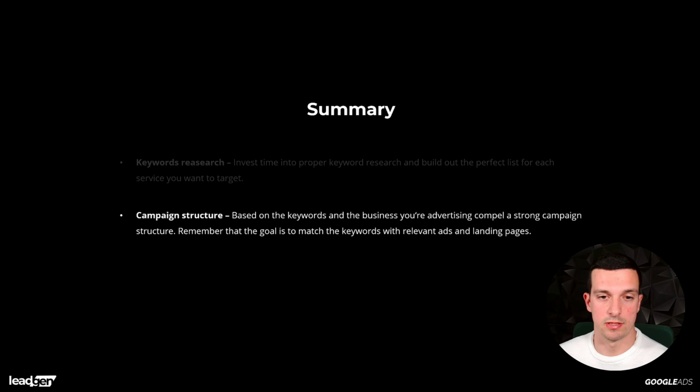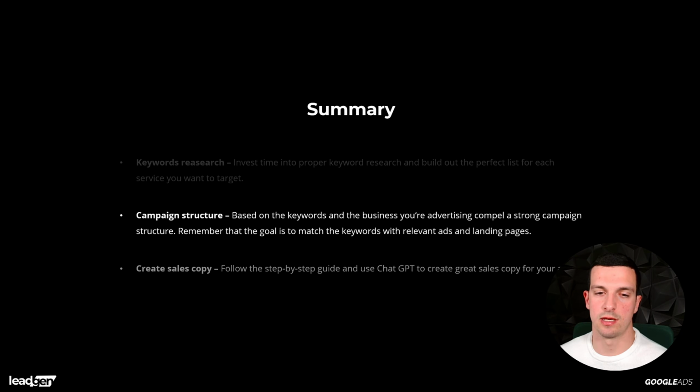Compile a strong campaign structure. Remember that the goal is to match the keywords with relevant ads and landing pages. So based on this big list, you can then pull these details as I explained earlier, how to match the keywords, the headlines, descriptions, landing page, and everything.